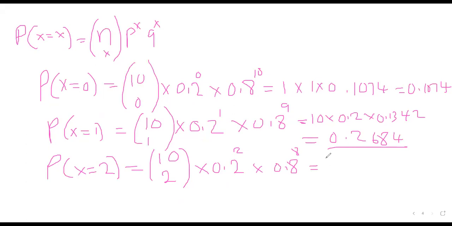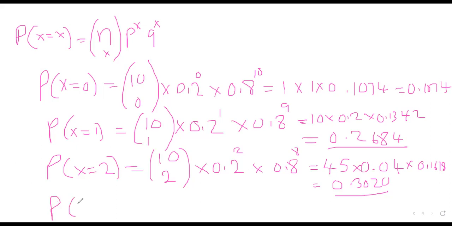So 10 combination 2 is 45, times 0.2 to the power 2, which is 0.04, and 0.8 to the power 8 is 0.1677. Okay, 0.04 times 45. So we get 0.3020. So this is the probability x is equal to 2.